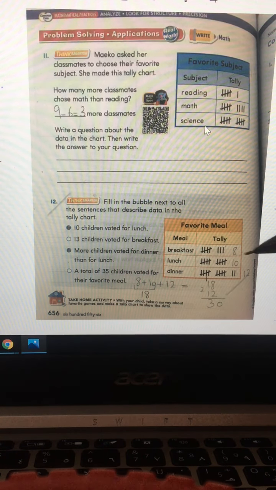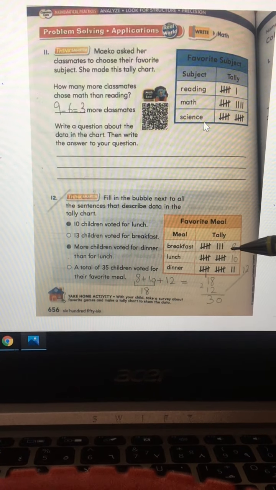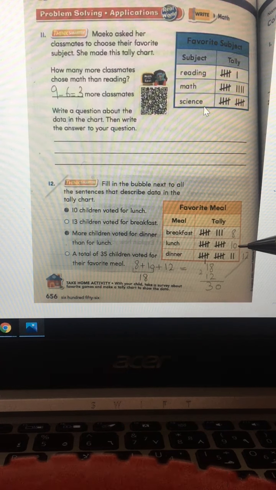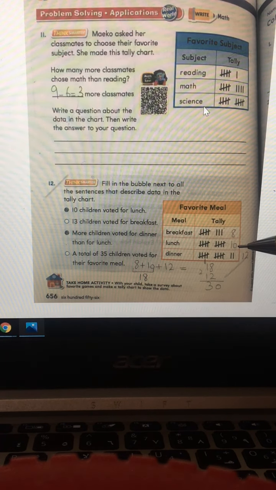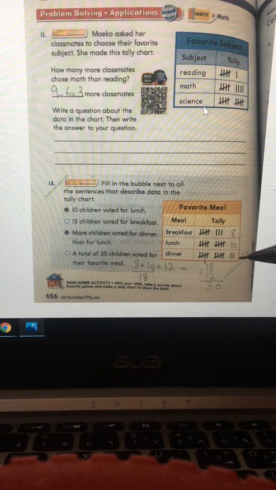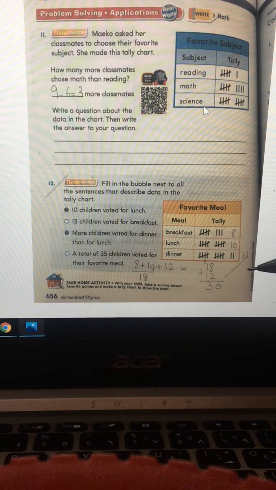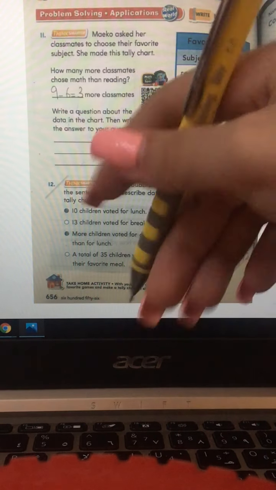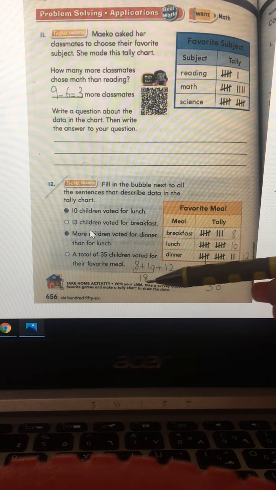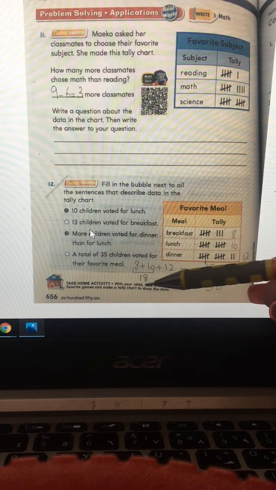Here is 8, the total number of children who chose breakfast, and the total who chose lunch is 10, and the total who chose dinner is 12. So let's add the 3 numbers together in order to know the total number of children who chose their favorite meal. 8 plus 10 is equal to 18.